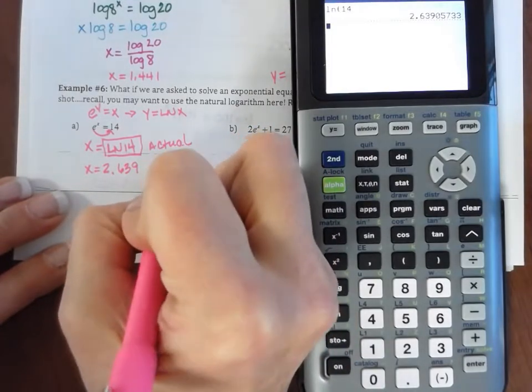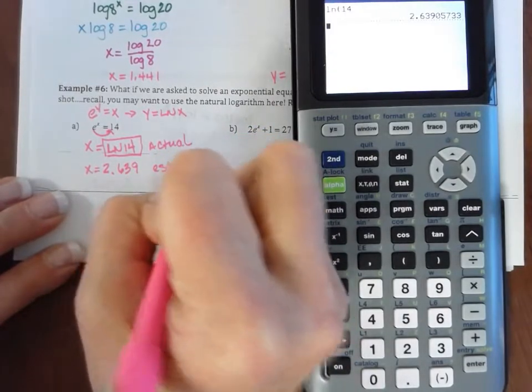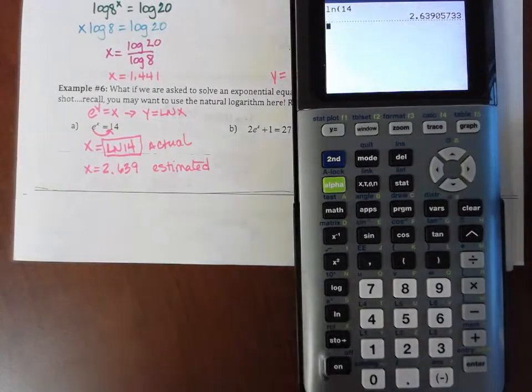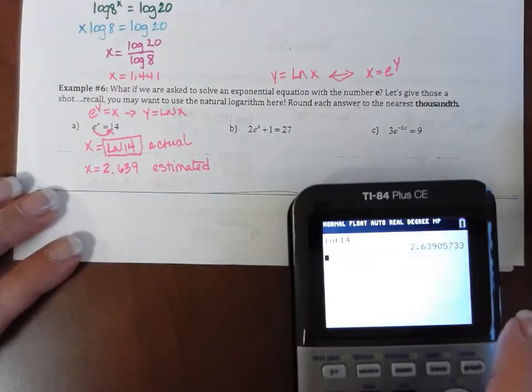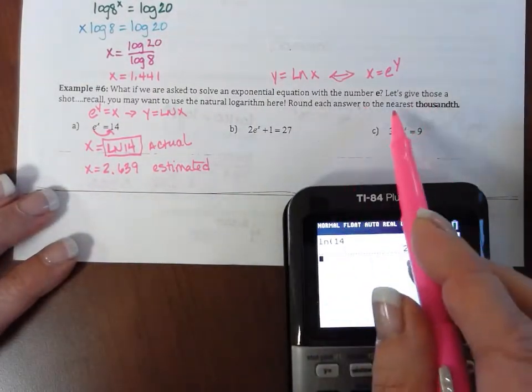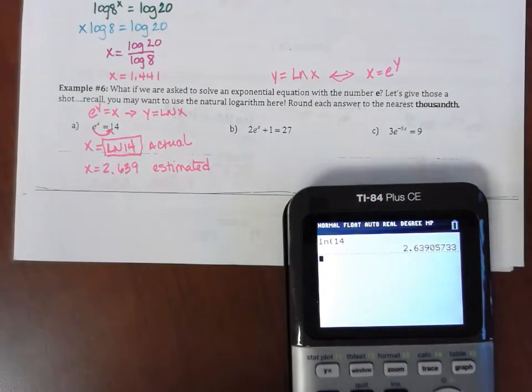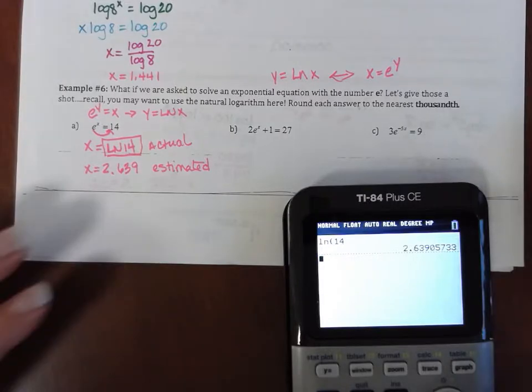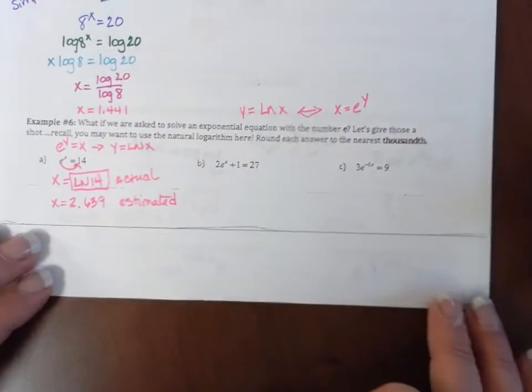That's what we'd call estimated. Okay? So if they're rounding out, it's like they're estimating it out because it's rounded. If that makes sense? Good?